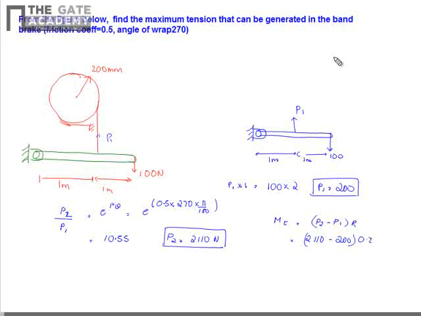This will be 382 newton meter. This will be the braking torque which can be applied on this wheel due to the band brake. When 100 newton is applied, the braking torque applied on the wheel will be 382 newton meter. This was also asked in a GATE paper, GATE 2005.